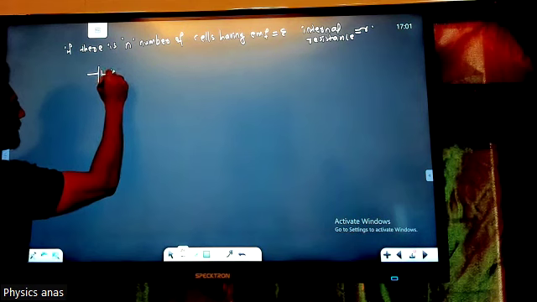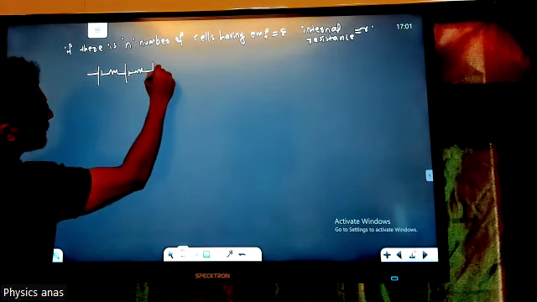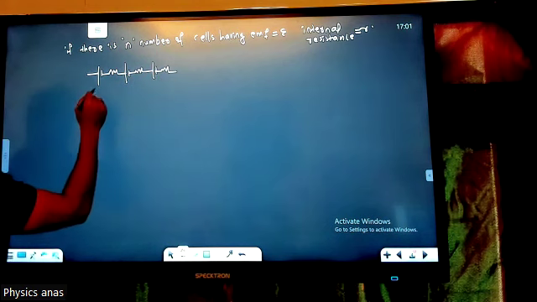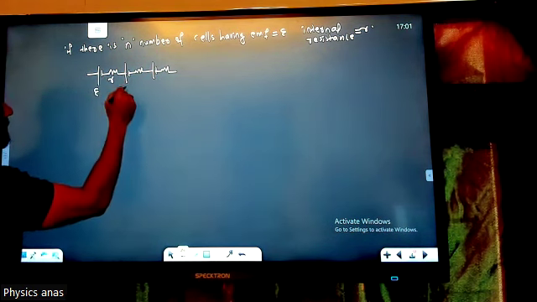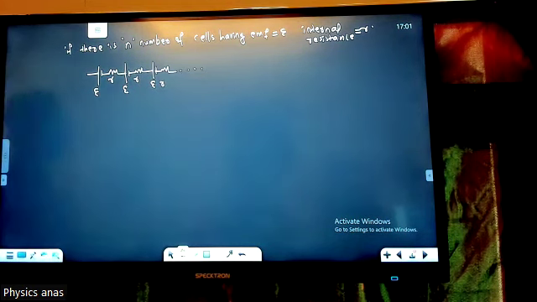The figure will be like this, right? It will be going all like this. This is E, R, E, R, E, R. It is going all like this.